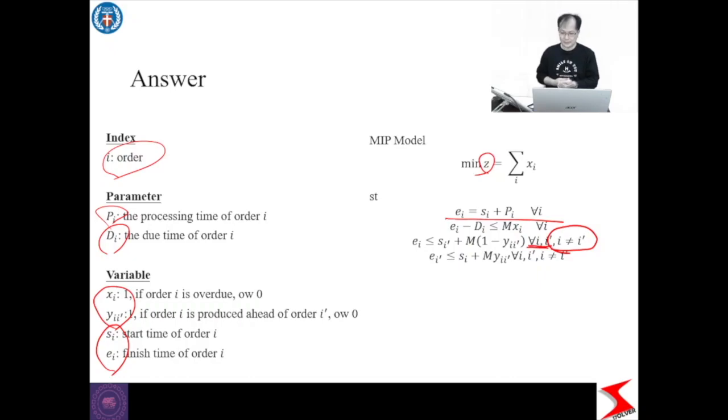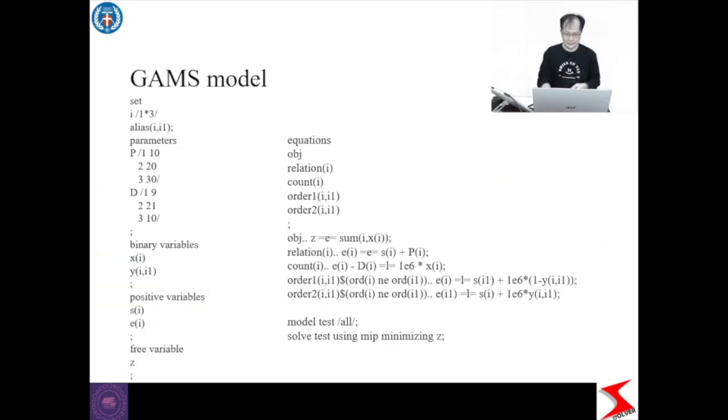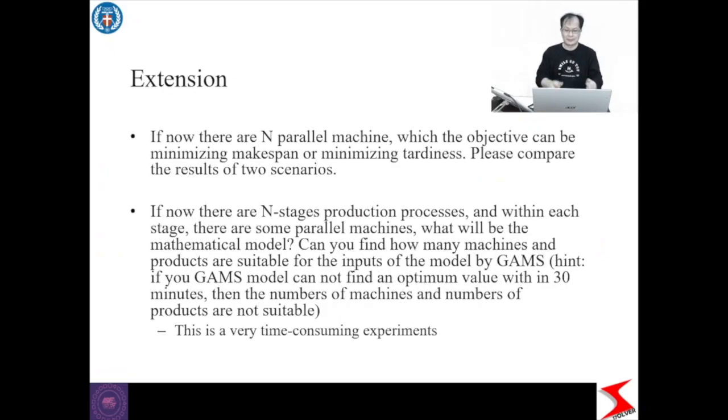Okay, so finally I want to do some extension like what I said. You can extend your number of orders, or you might have n parallel machines instead of just one machine. When you use n parallel machines, normally we will use the makespan or tardiness or other objectives for our problem.